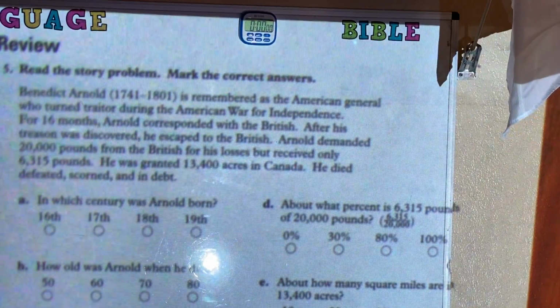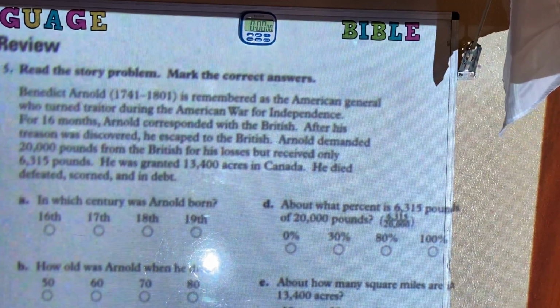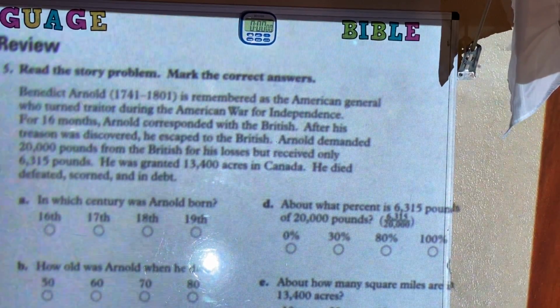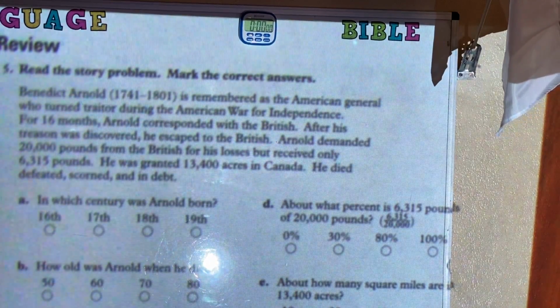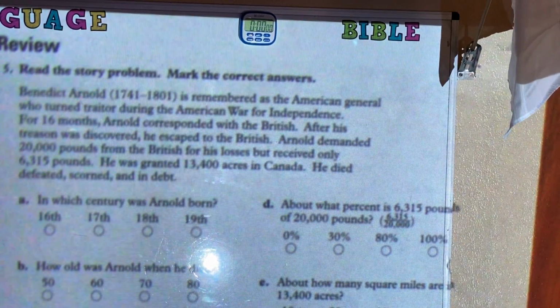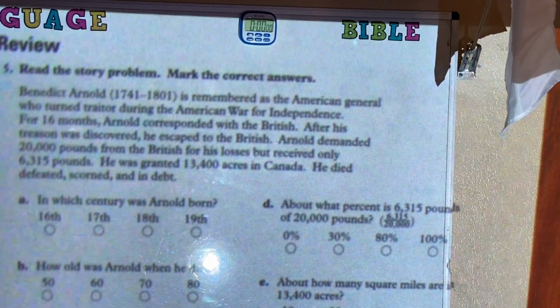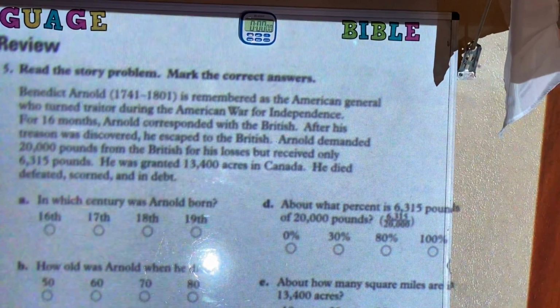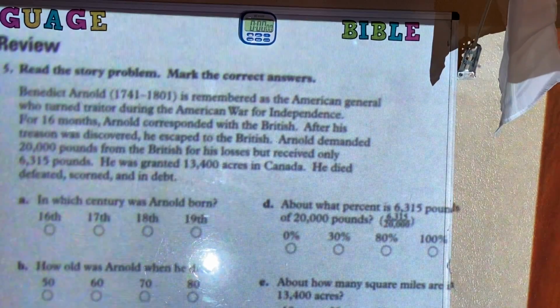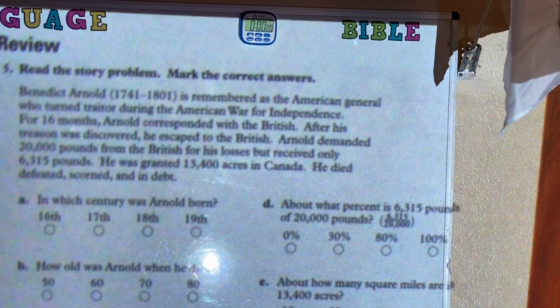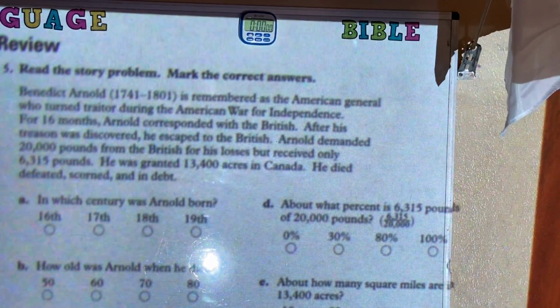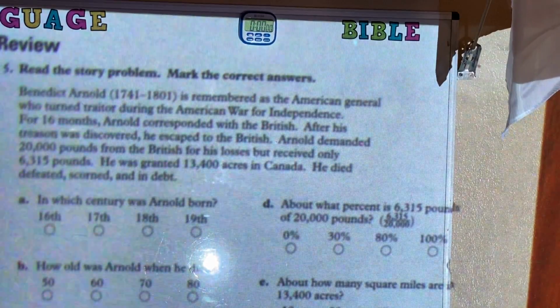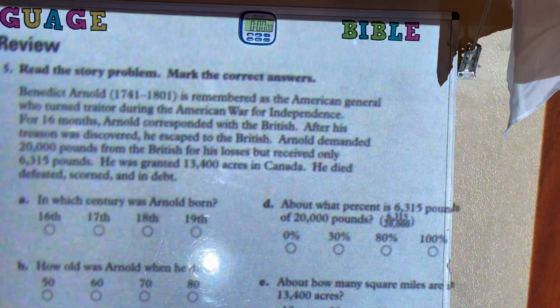For 16 months, Arnold corresponded with the British. After his treason was discovered, he escaped to the British. Arnold demanded £20,000 from the British for his losses, but received only £6,315. He was granted 13,400 acres in Canada. He died defeated, scorned, and in debt.